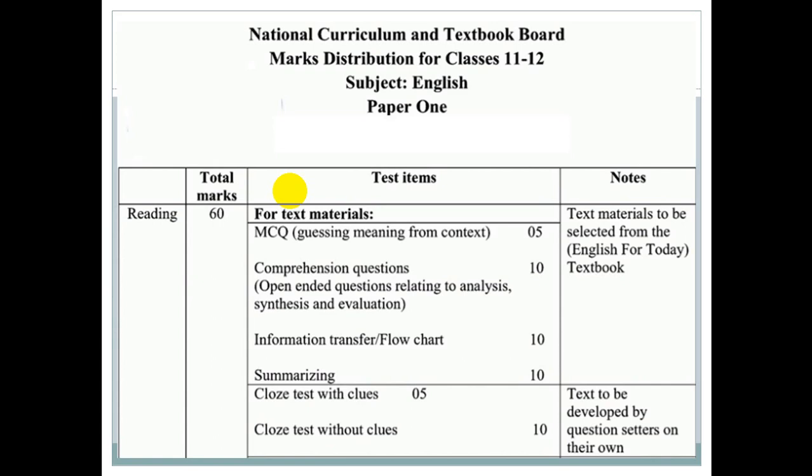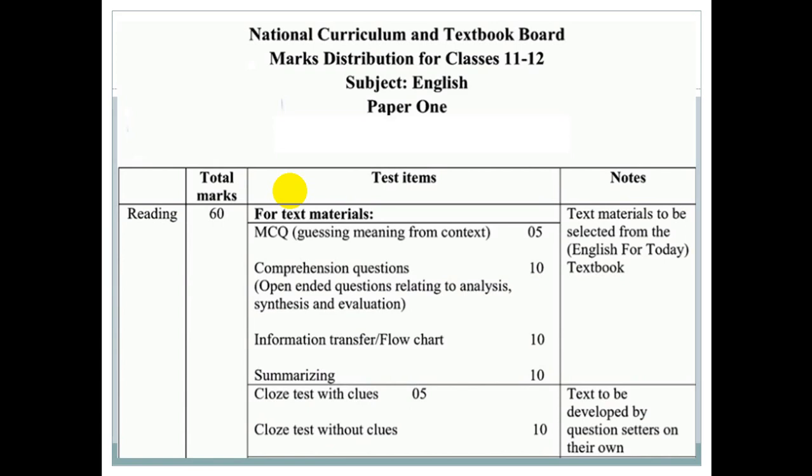That means in the reading section of the examination paper, there will be 3 passages, and the last passage will seek from you to summarize the total passage, and that summarization will take 10 marks.